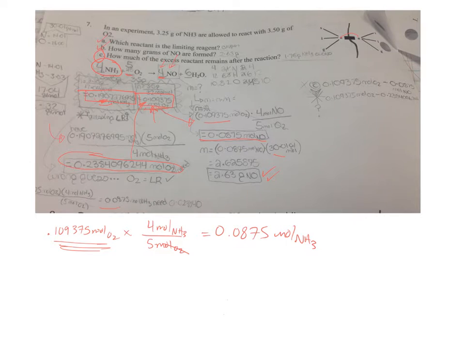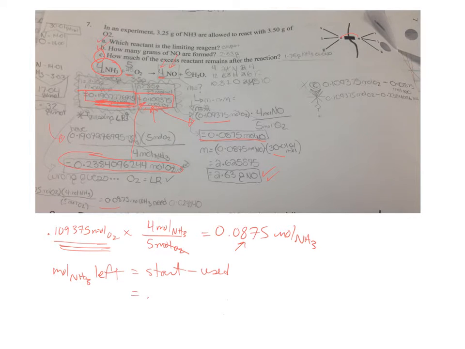But you already figured out how many moles you actually have. It's right there. So I can say moles of NH3 left will be equal to how many I start with minus how much gets used up. And this is the one that gets used up.